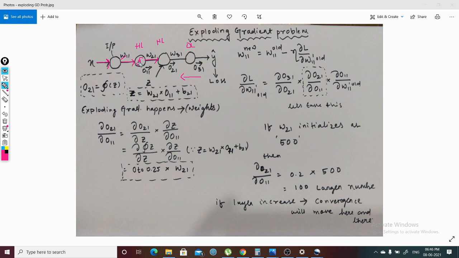So whatever input comes from this layer, after passing through this hidden layer, all the output ranges from 0 to 1. Whatever output comes from this hidden layer, supposedly O11, is again multiplied with this W21 weight, with the addition of some bias.